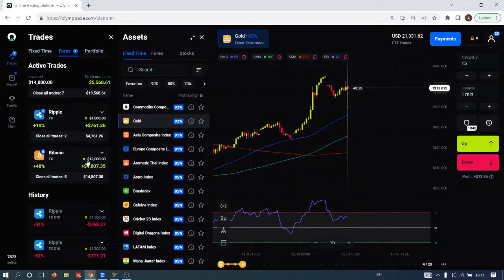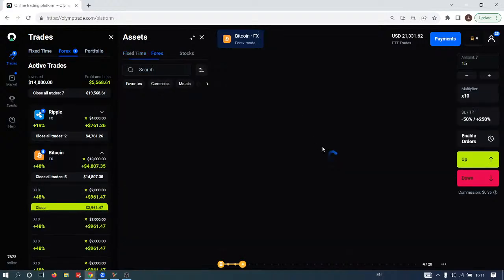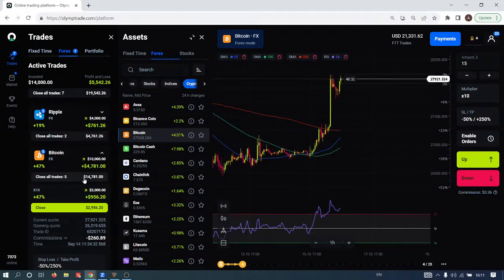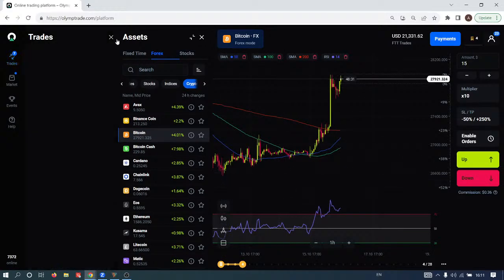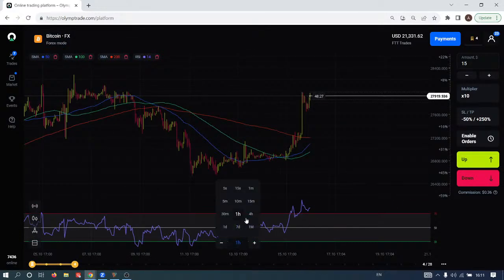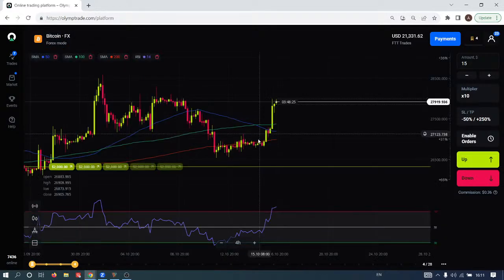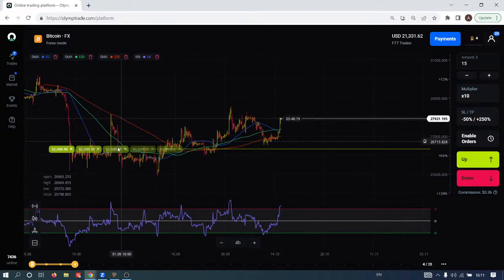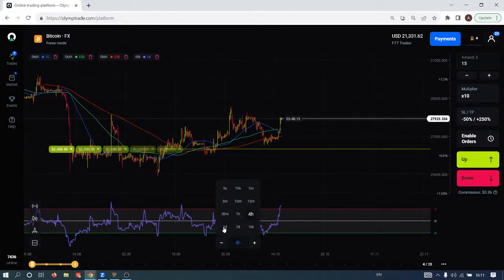So first of all, let's talk about my positions. My open trades in this account are basically Bitcoin and Ripple. I'm now trying to persuade myself, yes, Bitcoin will grow, Bitcoin will rise. I have pretty big investments overall, not just on this account, but also in a few other accounts, in cryptos, in Bitcoin.